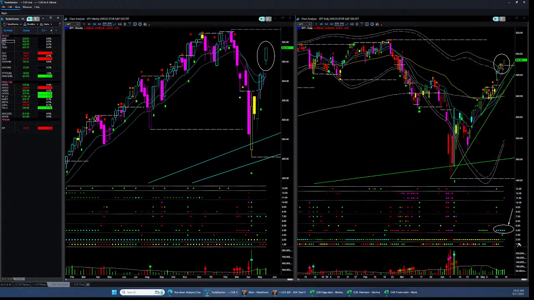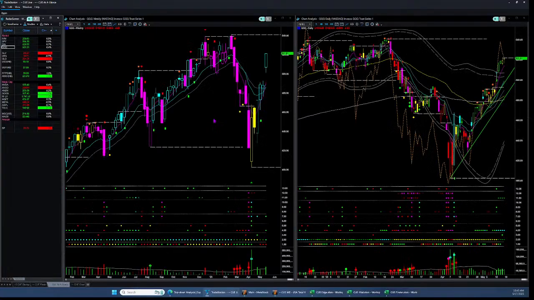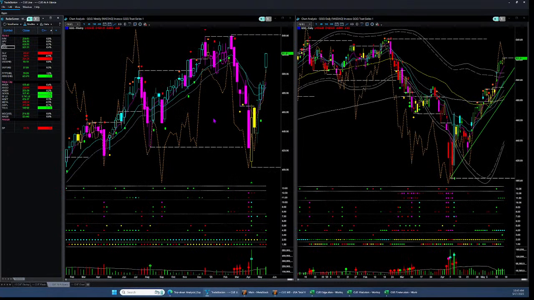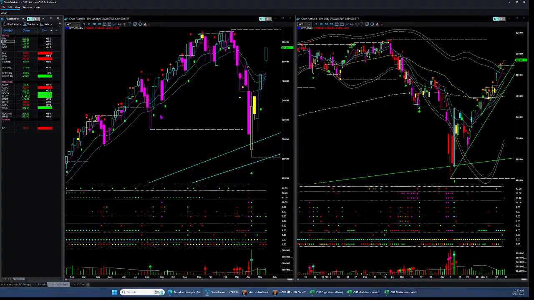And this is S&P 500. Nasdaq 100, similar, but let's go back to SPY for a minute. Notice the candle shapes in weekly and daily. Both are very bullish.